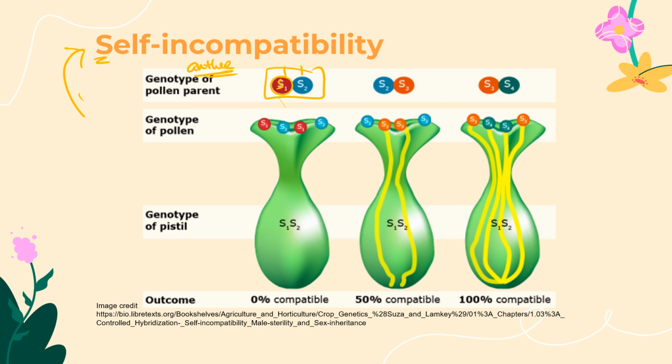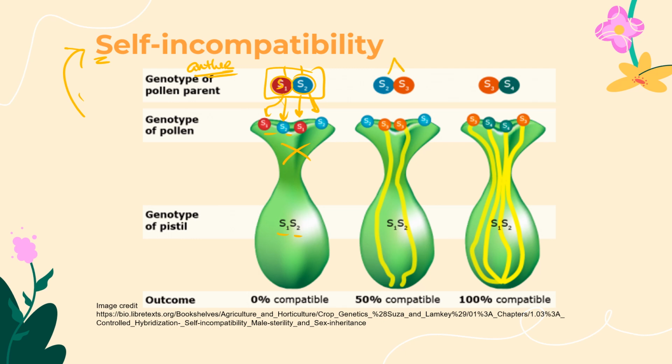If the alleles in the anther cells that are going to produce the pollen grains match, S1 and S2 match S1 and S2 of the stigma that these pollen grains land upon, there is no growth of a pollen tube.